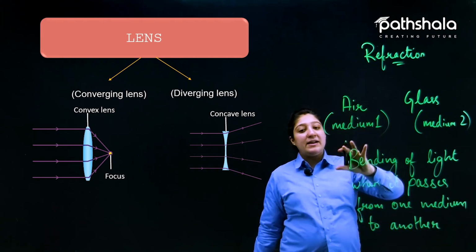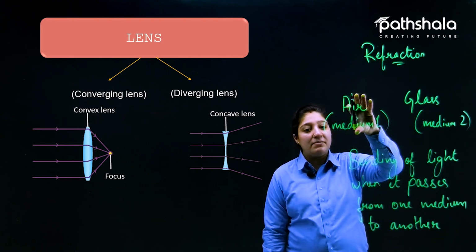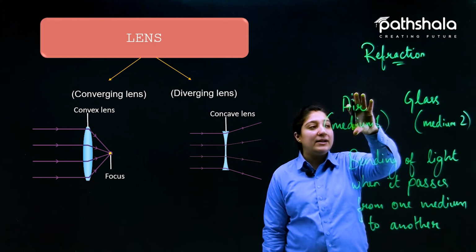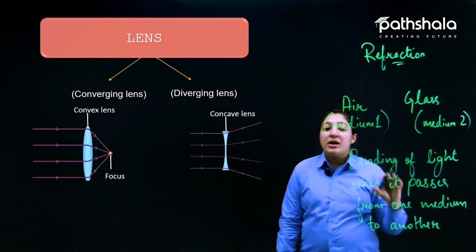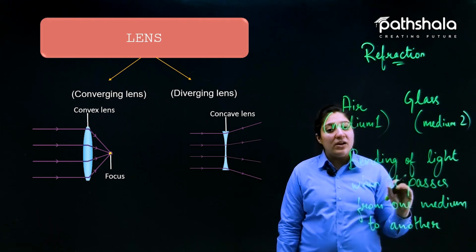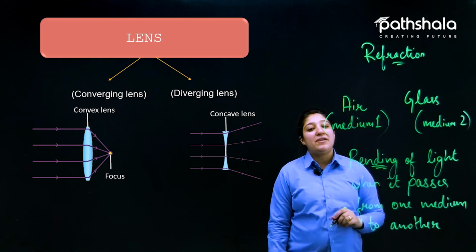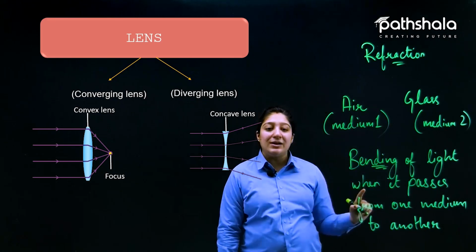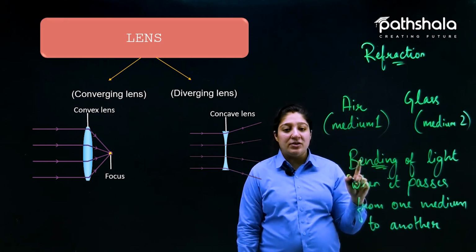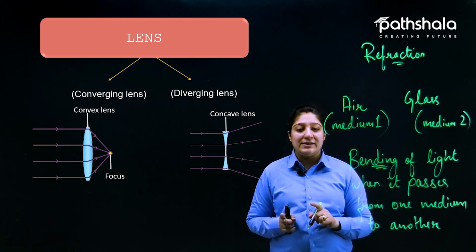That is, our mediums should be different. That is, one medium should have a different density of particles, and the other medium should have a different density of particles. Then only does light bend. And this bending property of light when it passes from one medium to another is refraction. And because of this, images are formed in the case of lenses.